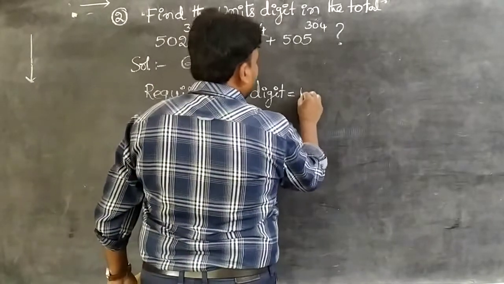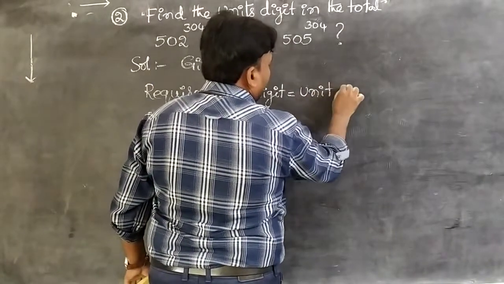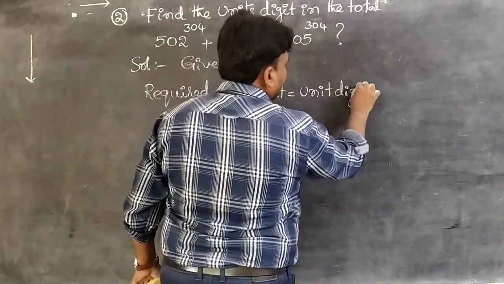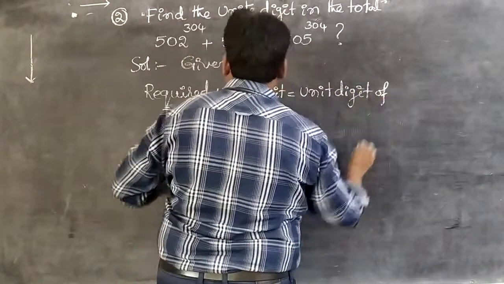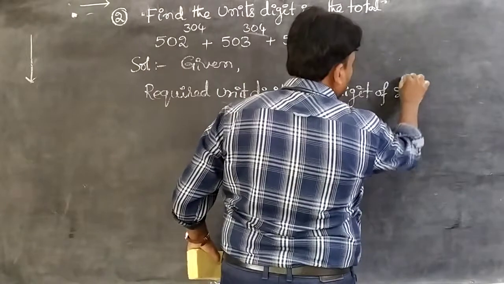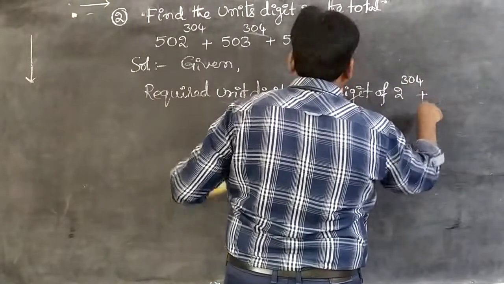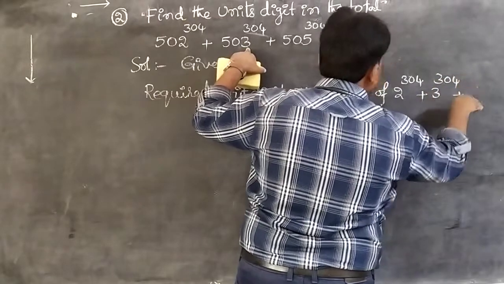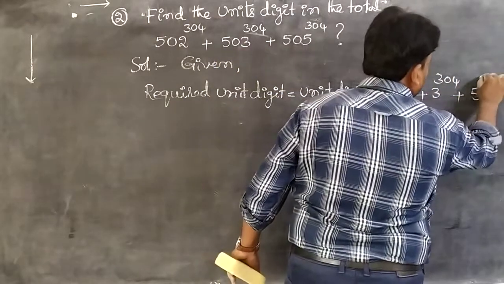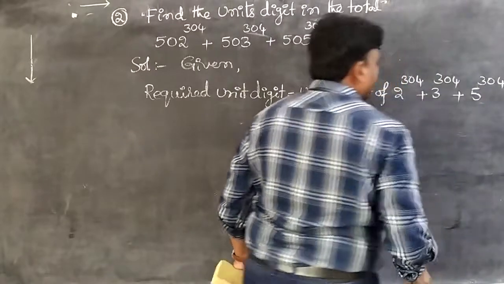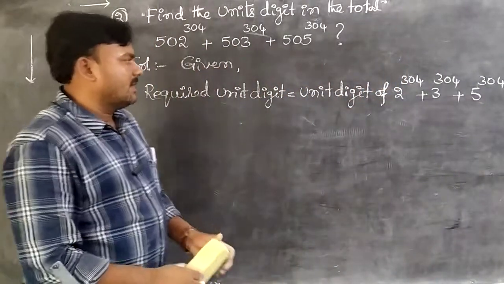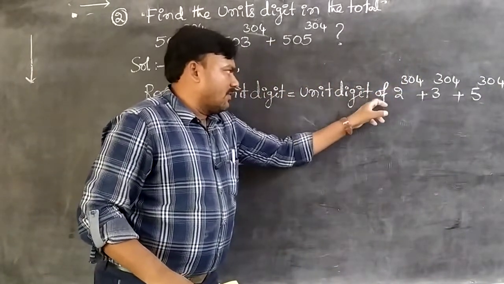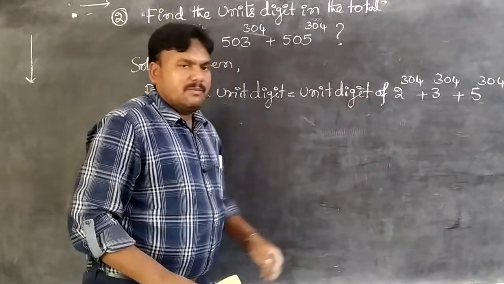So, unit digit of 2 power 304 plus next 3 power 304 plus and also 5 power 304. We find 2 power 304 unit digit value, next 3 power and 5 power, students.